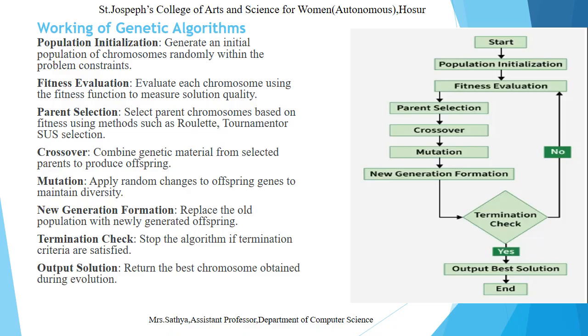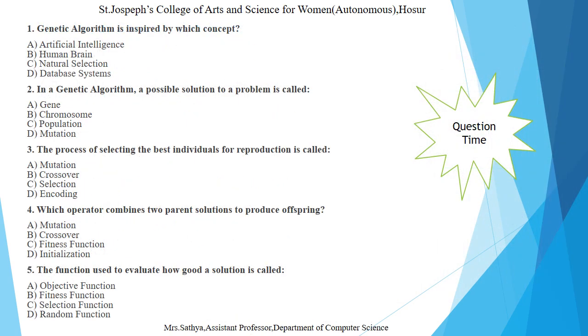Okay, coming to the question time, before that let us revise the topics we discussed. Genetic algorithms teach us something important: improvement does not happen instantly, it happens generation after generation, through selection, combination and small changes.